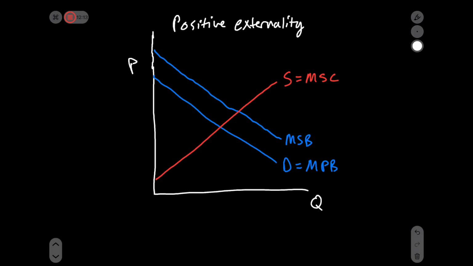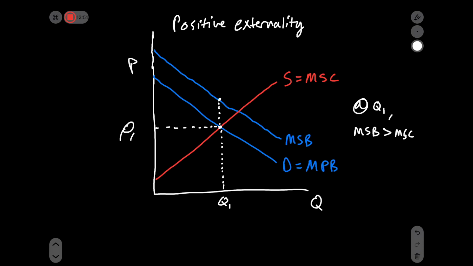So now I want to identify that level of production and consumption that currently exists in the market. We'll call this Q1, and this is P1. However, at Q1, the marginal social benefit, which is up here, the marginal social benefit exceeds the marginal social cost.